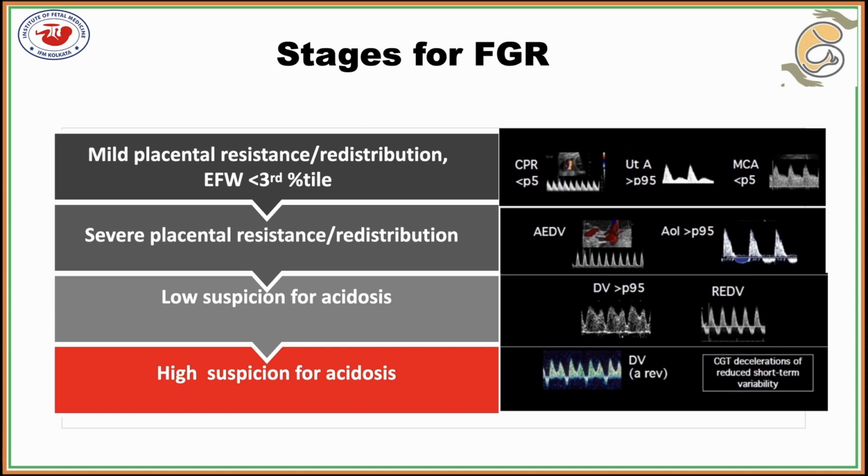Stage 3 is low suspicion of acidosis, where you get reversal of flow in the umbilical artery, and the ductus venosus also starts showing a high resistance flow pattern. The PI is more than the 90th or 95th percentile. Stage 4 is high suspicion of acidosis, where DV is definitely abnormal, and there are also CTG decelerations or reduced short-term variability if you are using CTG.